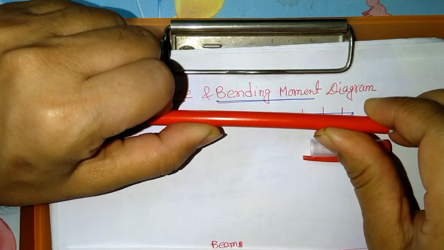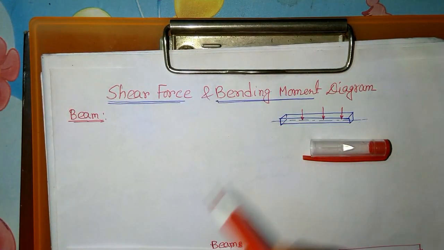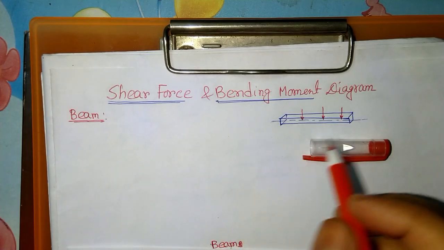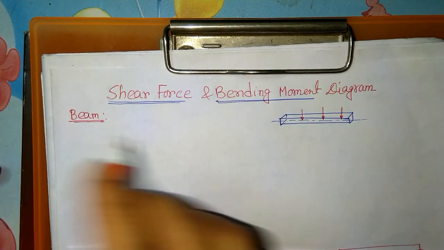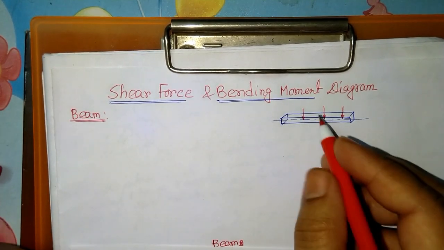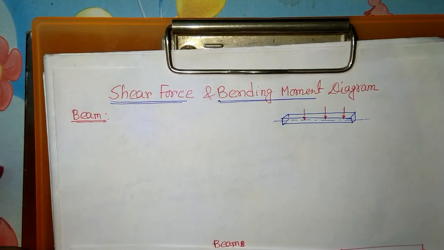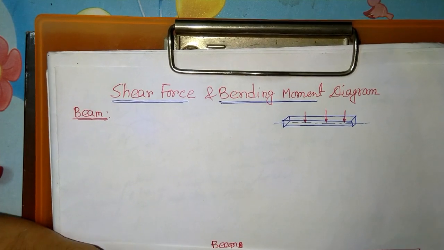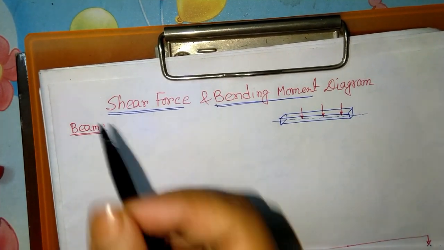Okay, it tends to bend. That's why in a beam the dominating loads and couples are shear force and bending moment. So this is one horizontal member in which a transverse or shear load is acting.